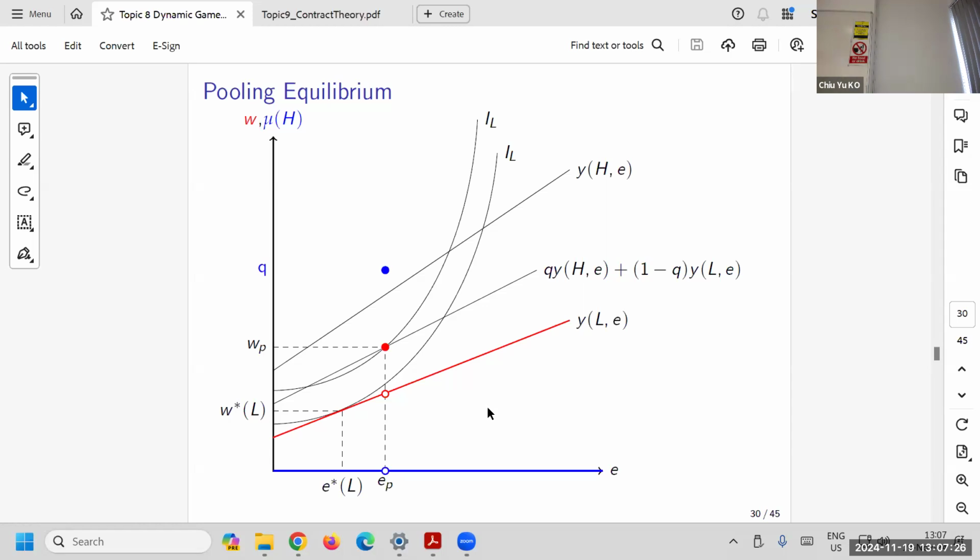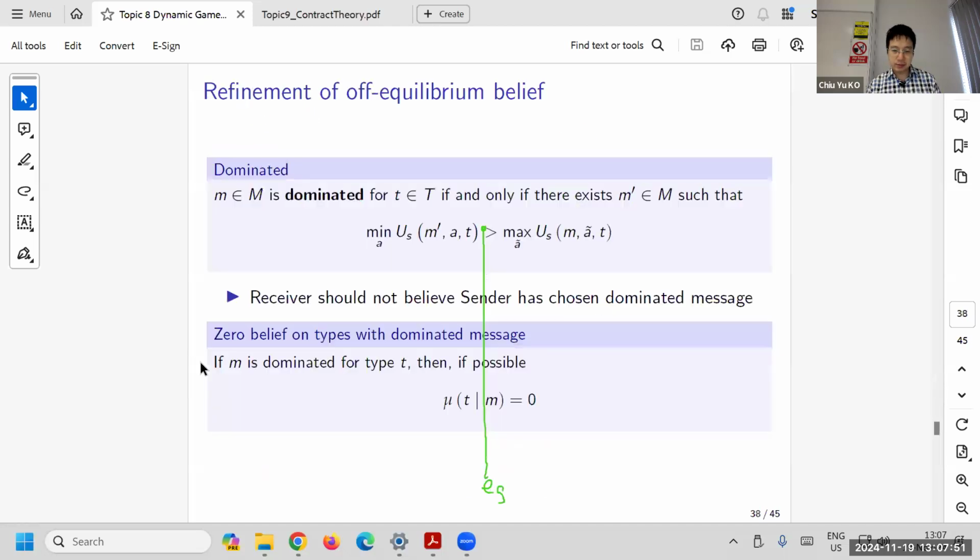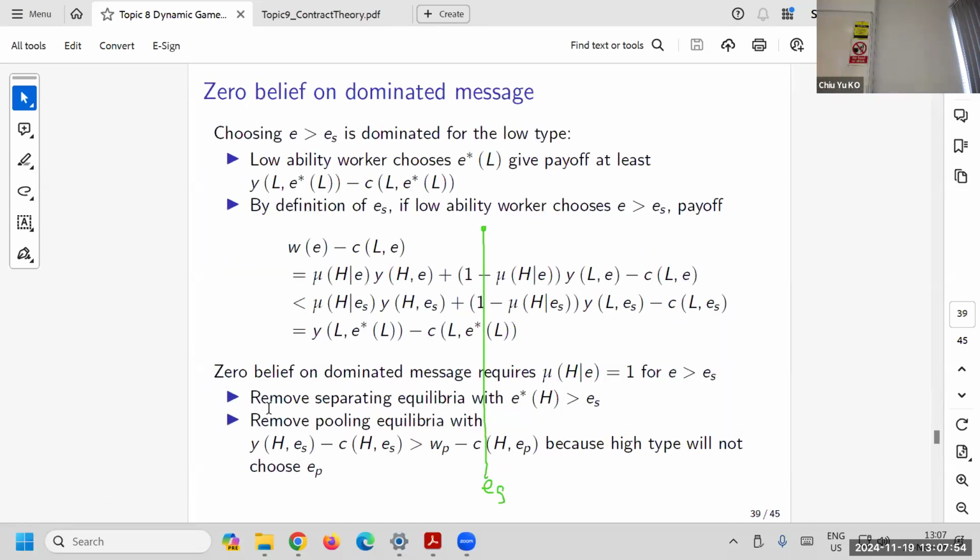So this is the wedge here, and WS is this guy. It's an ES, right? Okay. And what we say is, look at the statement. The high type, look at this one. The payoff of that is higher than that.